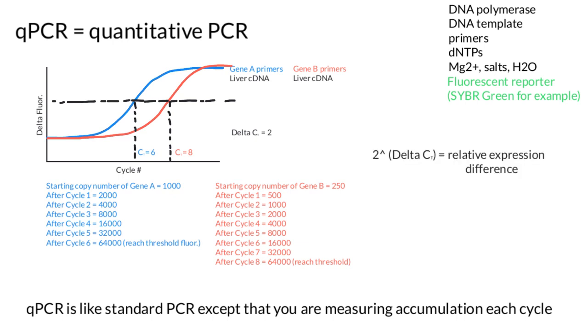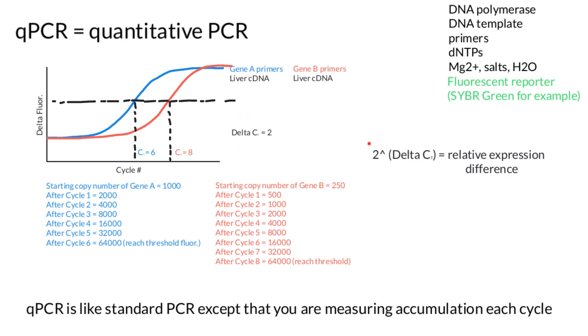So the formula for calculating what the relative expression difference is between these two genes in liver cDNA, which represents the messenger RNAs that are in that particular tissue, is 2 to the delta CT power. In this case, our delta CT, the difference in our CT values between the two genes, is 2.